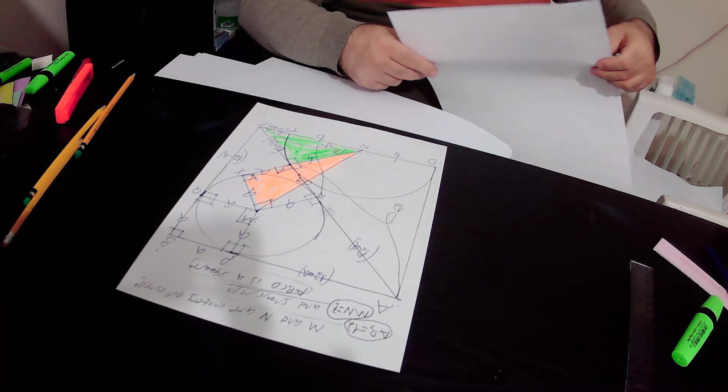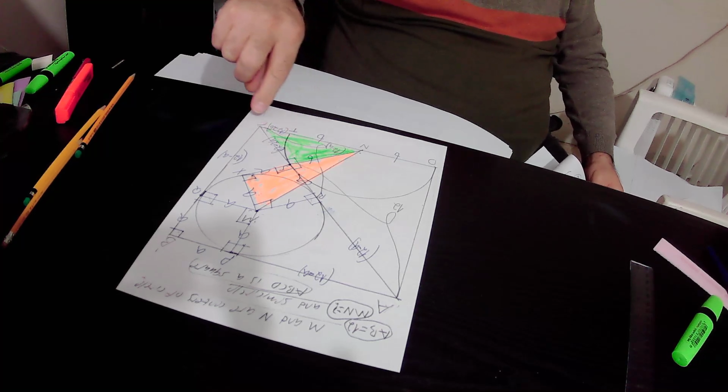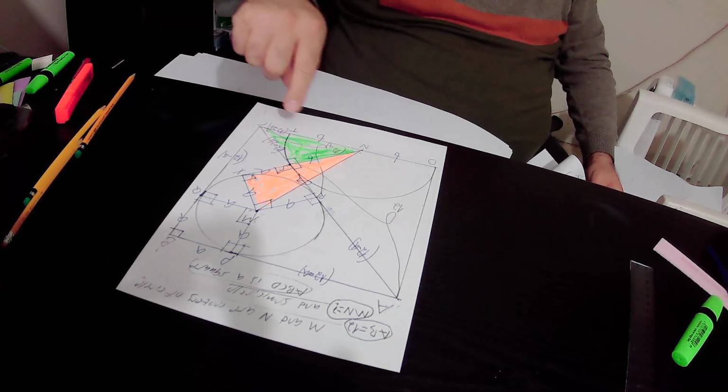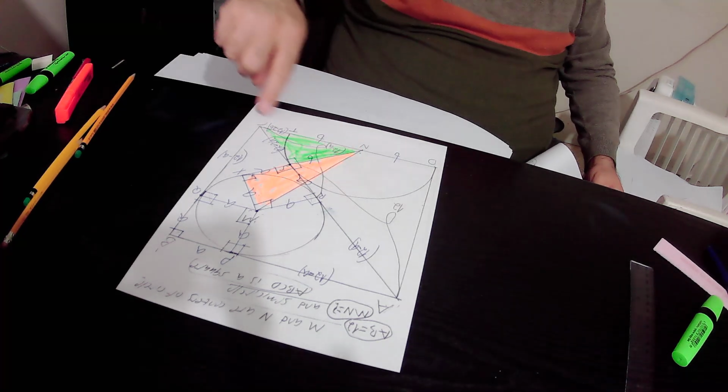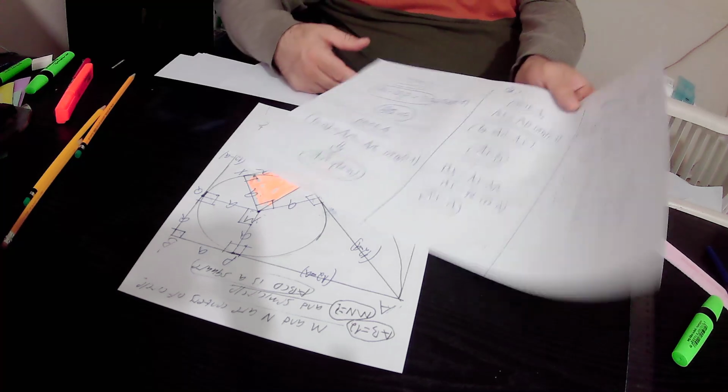Okay, then we find the value of line segment SC. What is the value of line segment SC? It is very easy to see that SC is equal to RC minus RS. So SC equals RC minus RS.